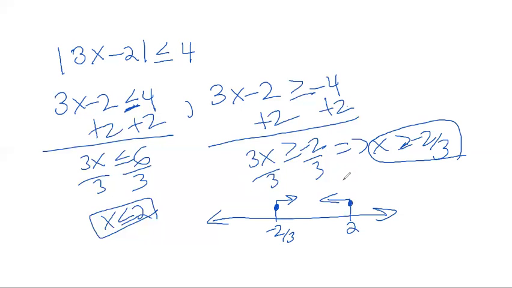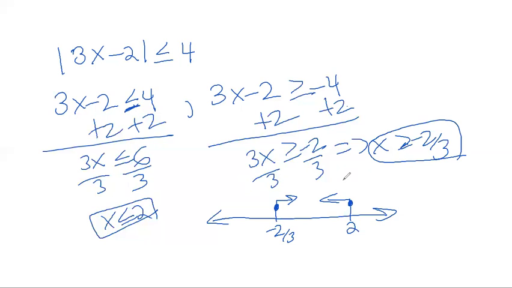Well, if I pick -2/3 here and plug it in for x, that's -2 minus 2 is -4. Absolute value of -4 is 4. Well, 4 equals 4, so we're good. If I plug in 2, the other endpoint, that gives me 3 times 2 is 6, minus 2 is 4. Absolute value of 4 is just 4, and that equals 4.